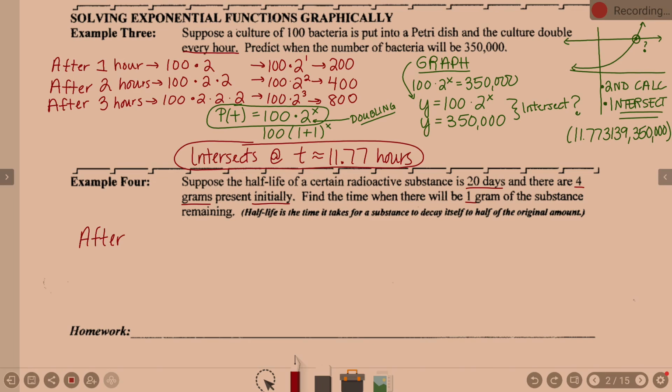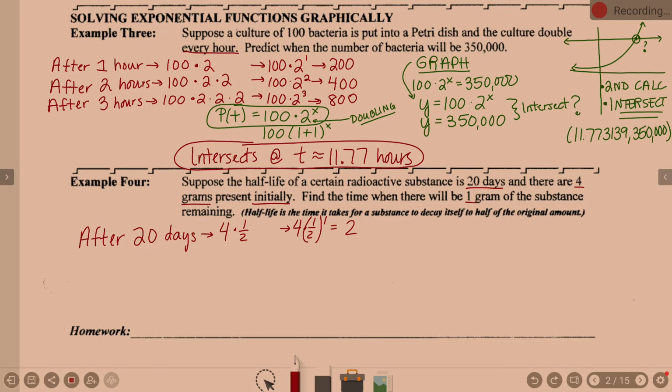So basically, after the first 20 days, where are we going to be at? 2 grams, because we do the initial 4 times a half, which is 4 times 1/2 to the first, which is 2 grams.